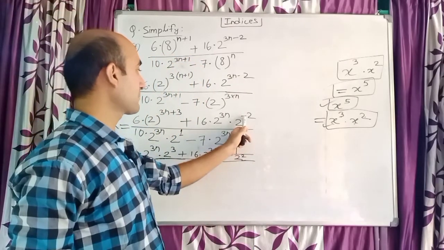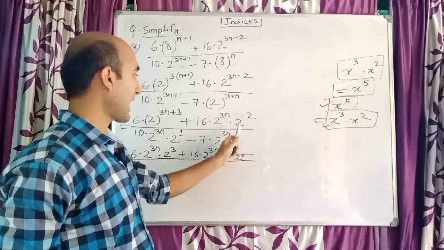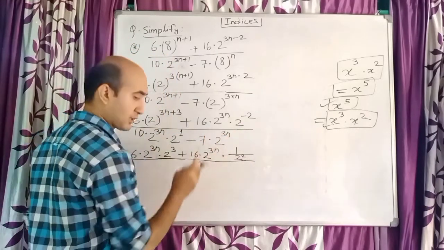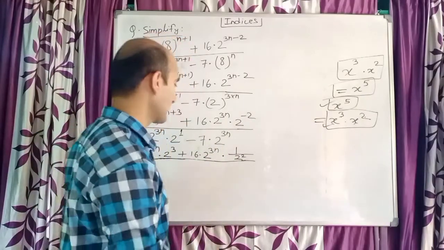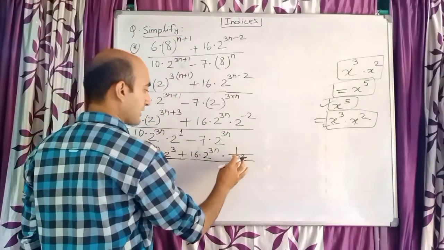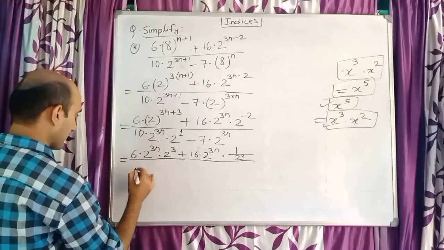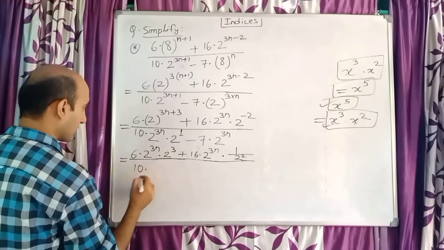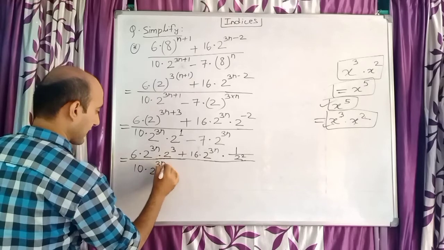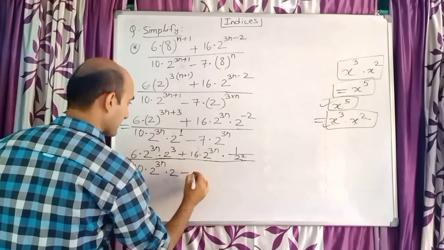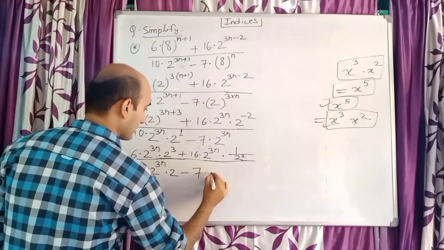Because to make a negative power positive, I took 1 up and brought 2 down. This is the old concept I taught you in the previous video. So this is 1 by 2^2, and here 10 · 2^(3n) · 2, since 2^1 is 2 only, and minus 7 · 2^(3n).